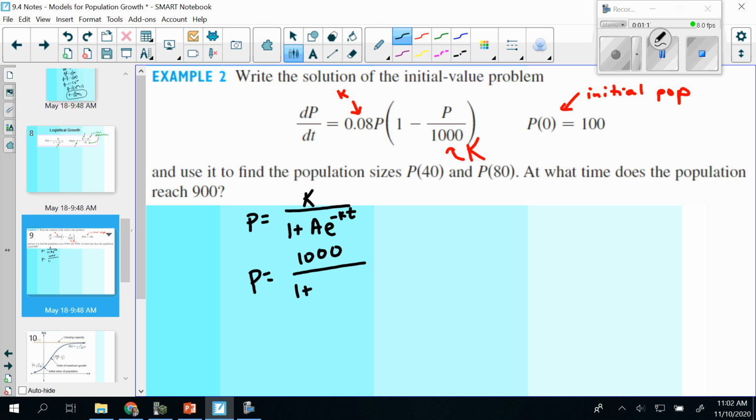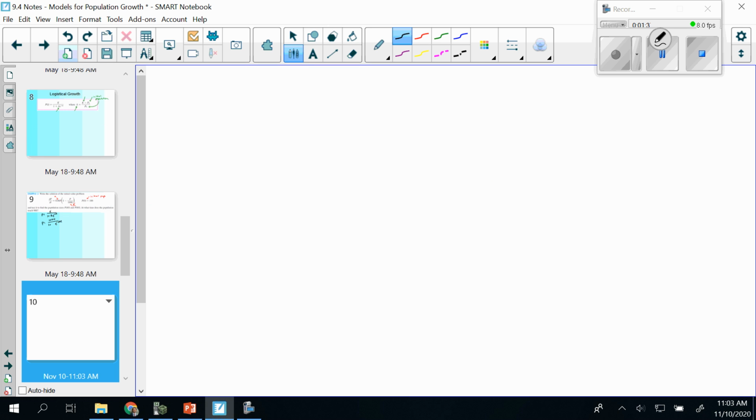Here we have 1 plus, and we're going to need that A value. We know our k is negative 0.08 here, t, now we just need A. What is A again? A is the constant where the population is 0. If you can't remember the equation for this one, just take this logistical equation and think about when population is 0.